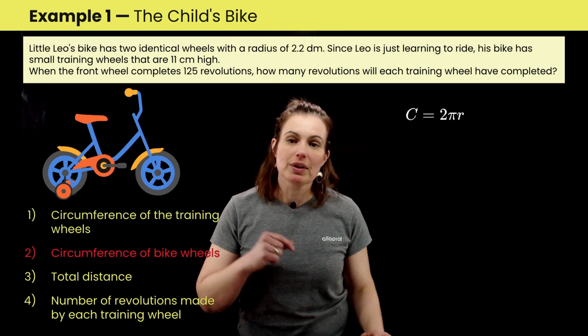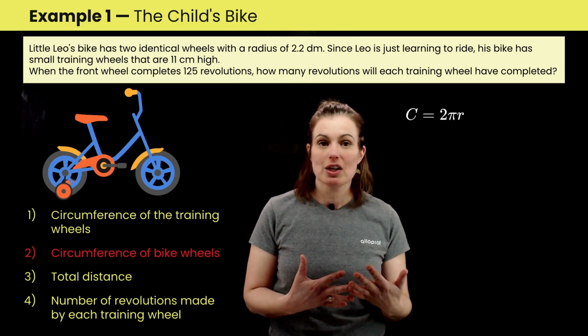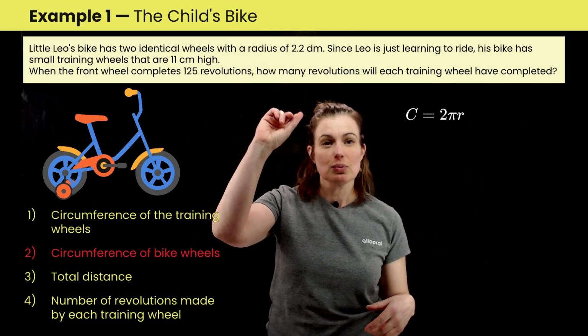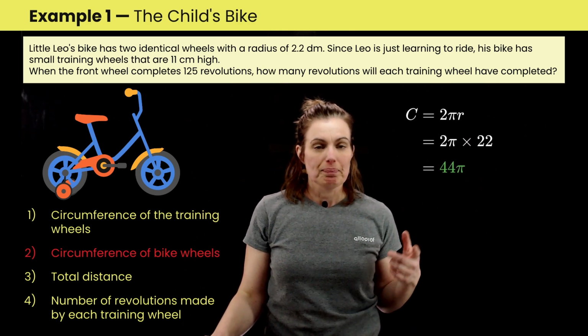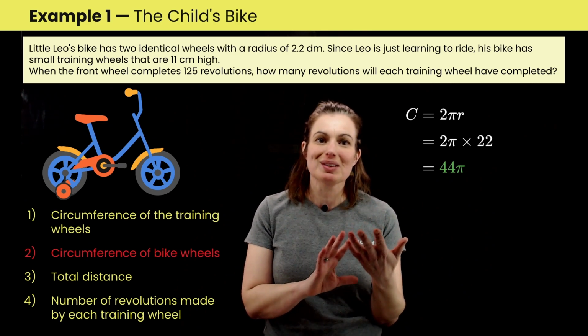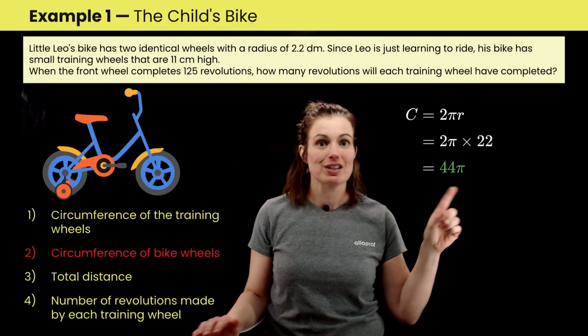Now, if I want the circumference of the bike wheel, I'm going to do the same thing, only this time I'm going to use the variation of the circumference formula that uses radius, because we're given a radius of 2.2 decimeters. Remember I used centimeters in the last calculation, so I'm going to use centimeters again here, which means I have to take my 2.2 decimeters and convert it to centimeters.